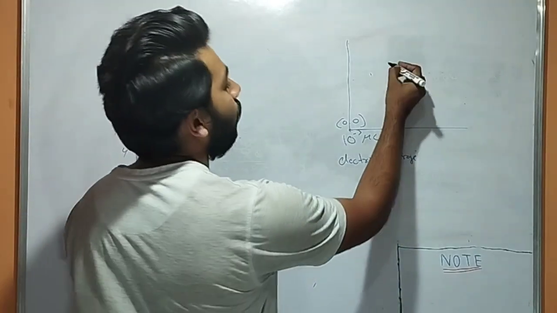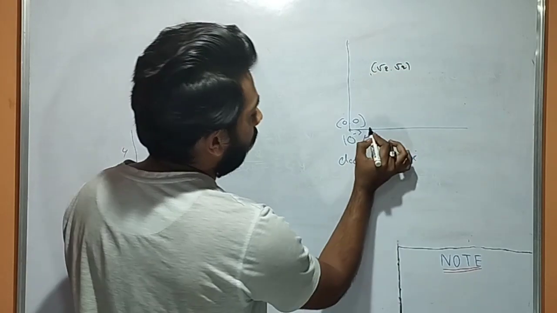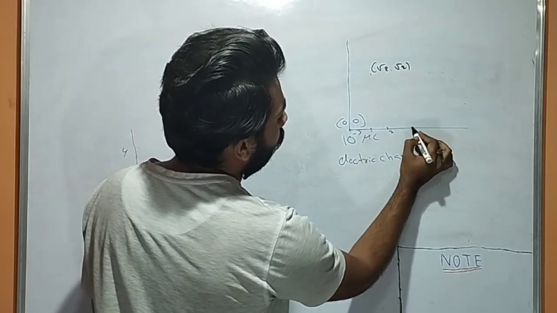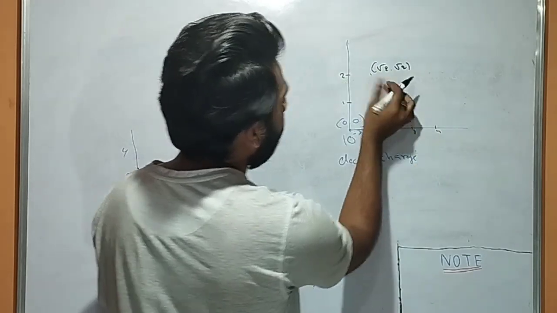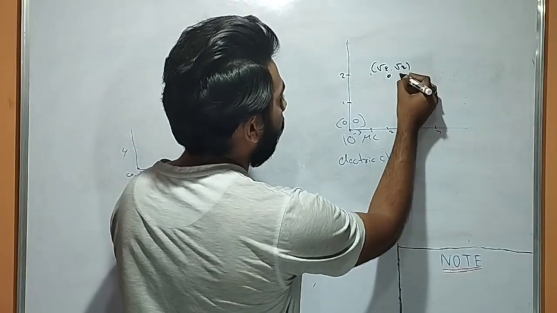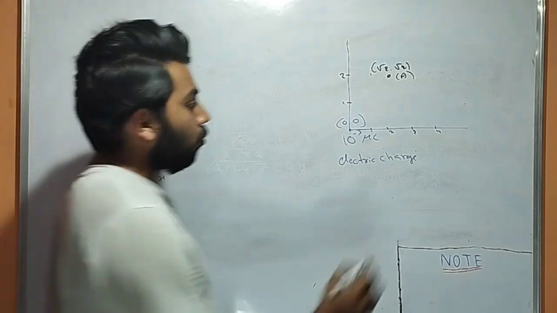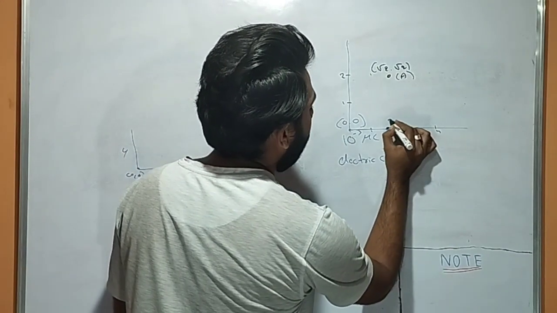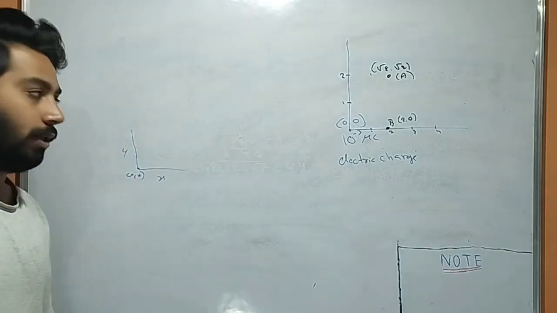They have said the value of A will be root 2, root 2. So it will be at this point. This will be A, (root 2, root 2). And (2, 0) will be B. This is all the thing.